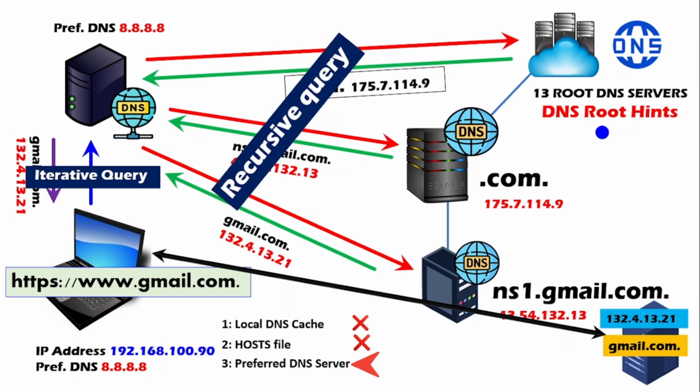Whatever you see in the red color, they are all recursive in nature. The first queried DNS server, that is 8.8.8.8, is going back and forth, querying other DNS servers for name resolution. Such queries are called recursive queries.